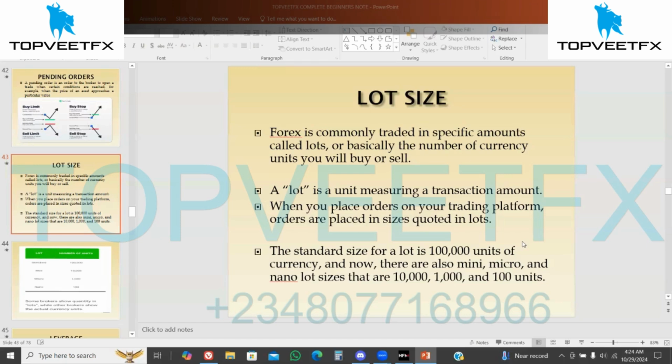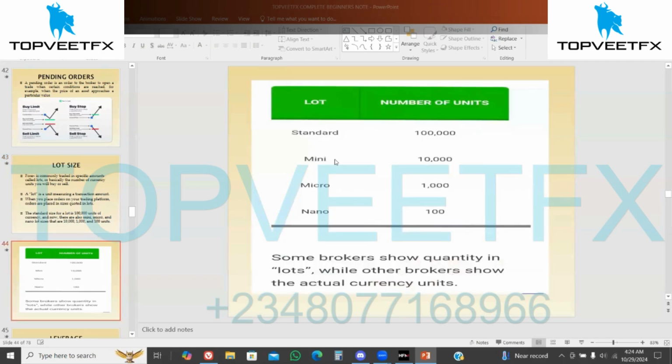We are going to be looking at all these things one by one, and breaking them down so that you can have a better understanding. Lots, number of units. We are going to be explaining it one by one.